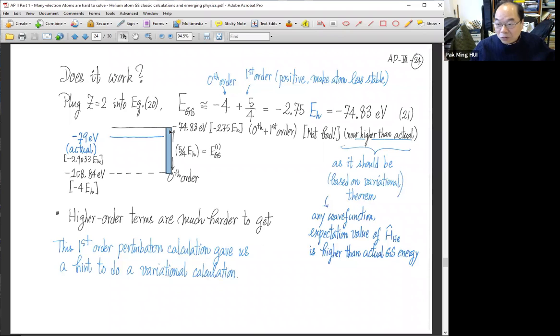You have nothing to vary. You just assume this is the trial wave function and then do the expectation value. The variational principle says it must be higher than the actual one. Now it is higher than the actual one, okay? So when you see that, this is a good sign. So Mr. Choi, that was the question you asked.